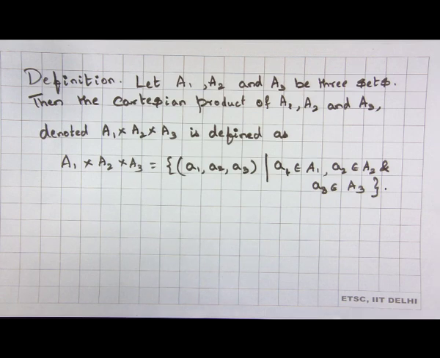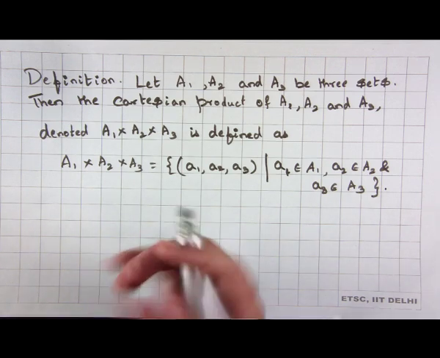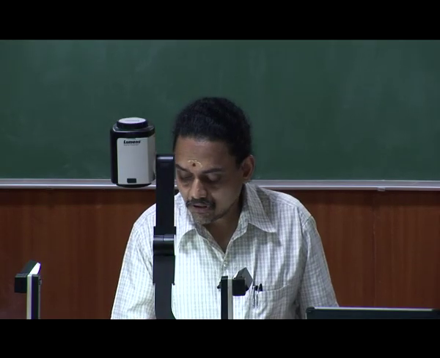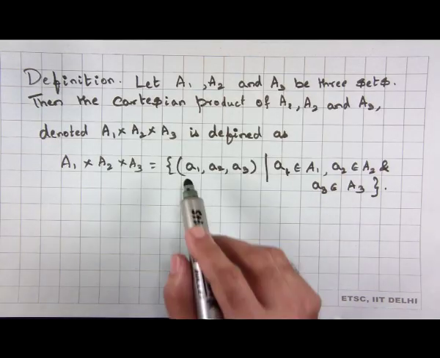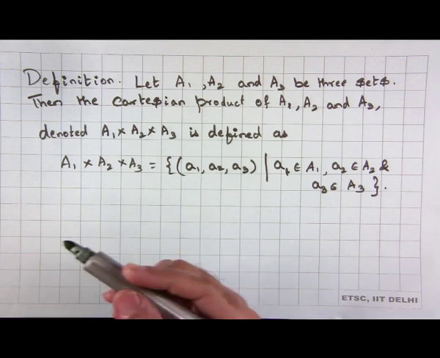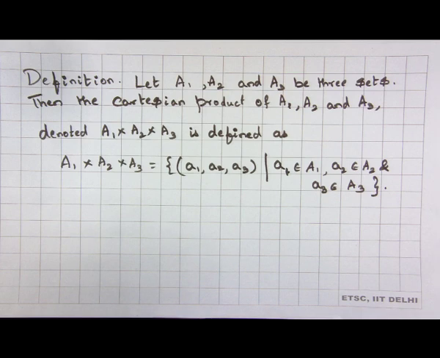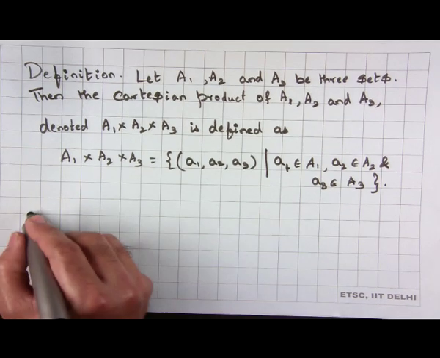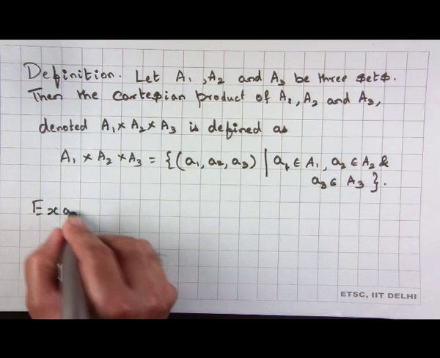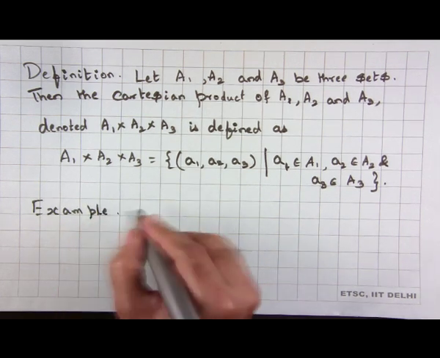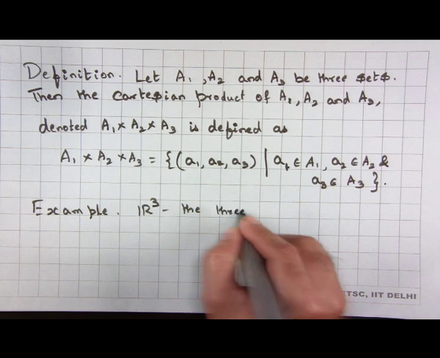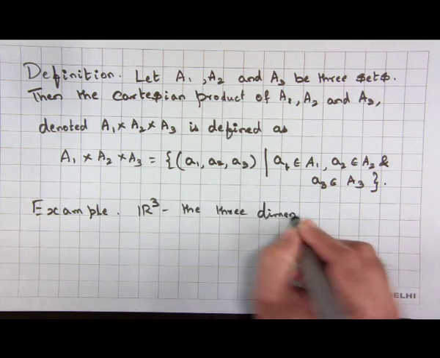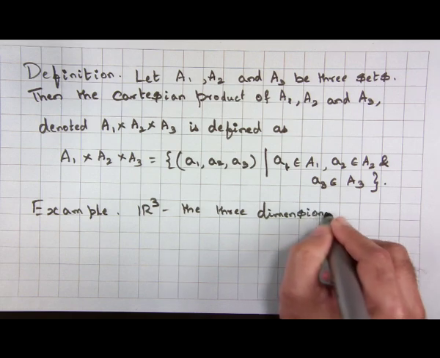In the first case what we had is ordered pairs, or the 2 tuple. Now, we have a triplet or a 3 tuple, with the first element coming from A1, second element coming from A2 and the third element coming from A3. So, now let us go back to our previous example of R3, the 3 dimensional plane.